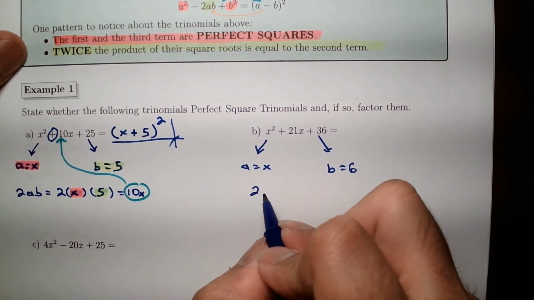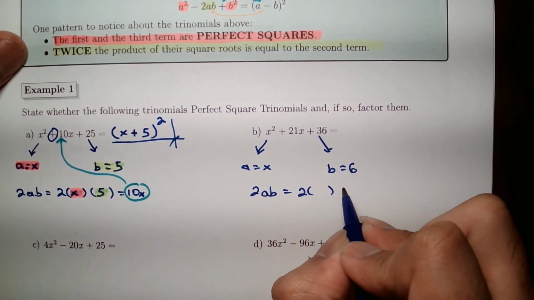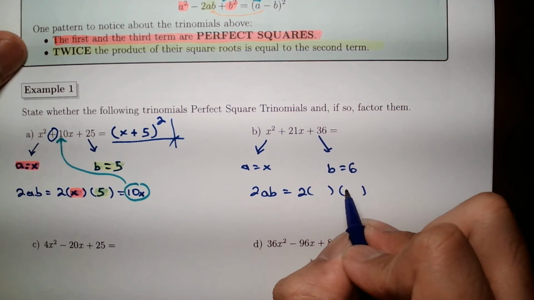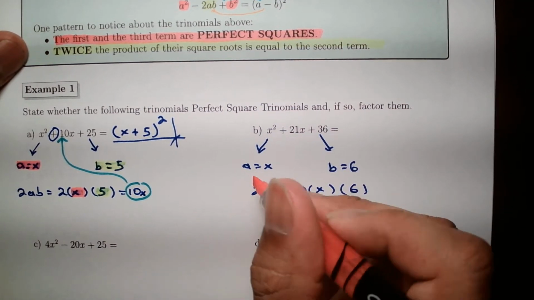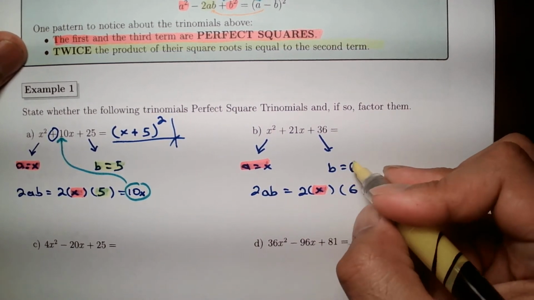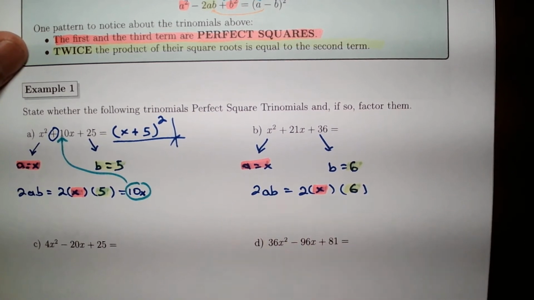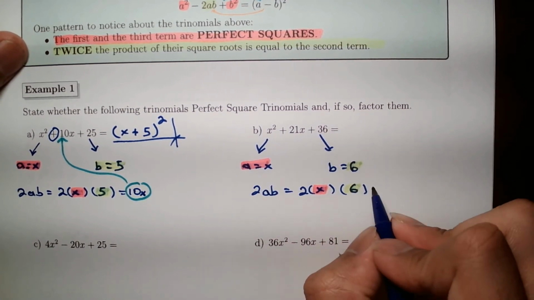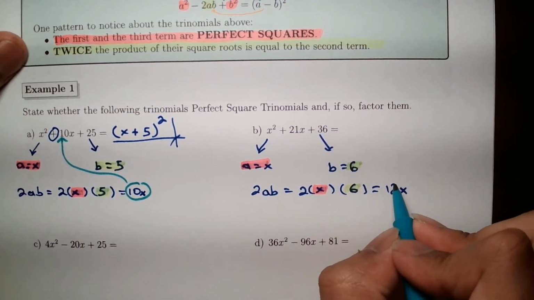Now we need to multiply 2ab, that is 2 times x times 6. Let me highlight this again. When we multiply 2 times 6, that's 12, so 12x.